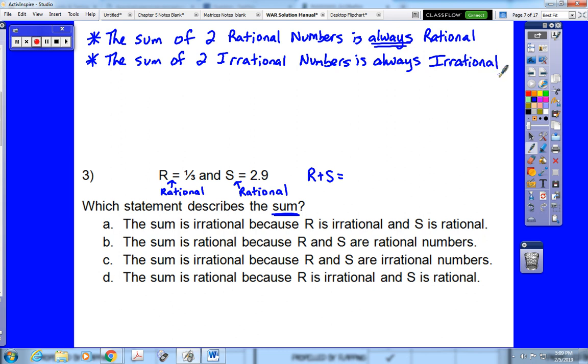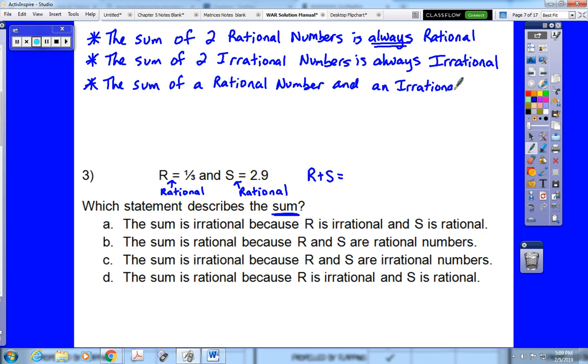Always. And the sum of one of each is always irrational. So, in a way, sum is actually easier than product.